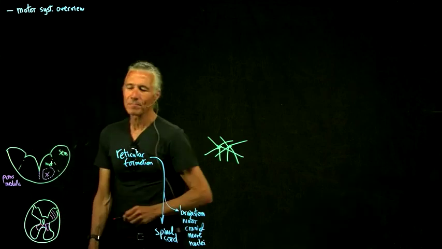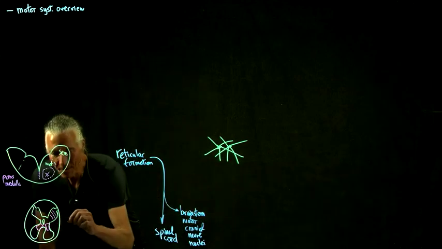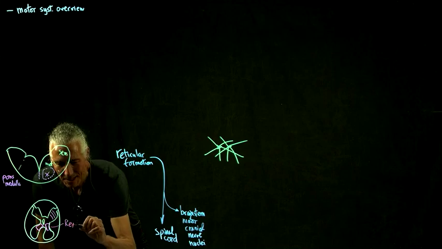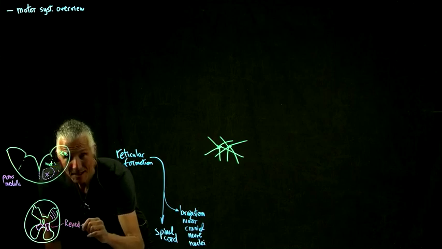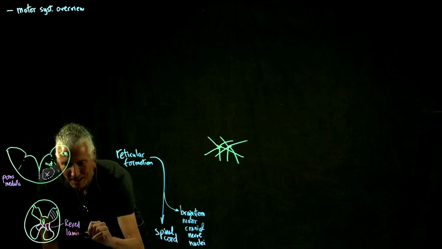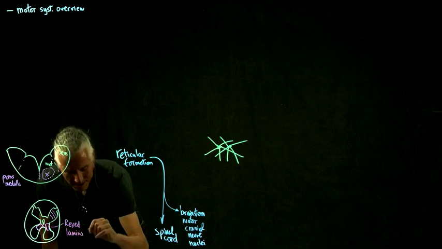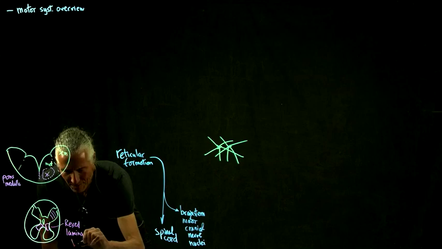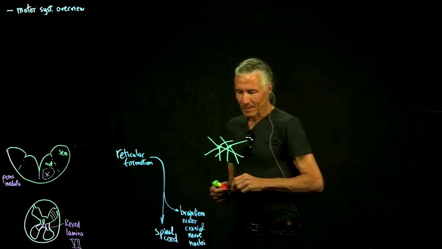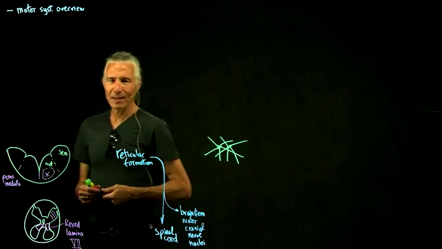And that one was called Rexed, because that was this Scandinavian guy that did this Rexed lamina, which just means layer 7. So the 7th layer of the spinal cord is basically the reticular formation of the spinal cord.